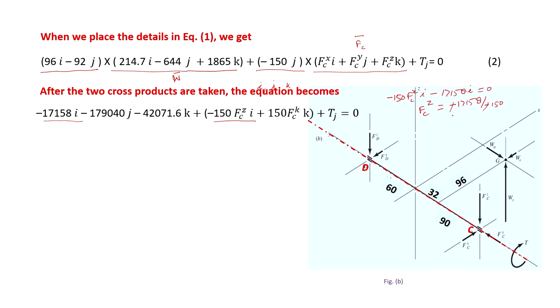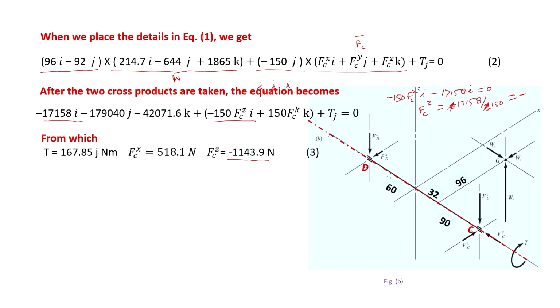Minus and minus will be cancelled. When we take it here, it will become positive and it will be negative, and so it will be minus 1143.9 Newton.